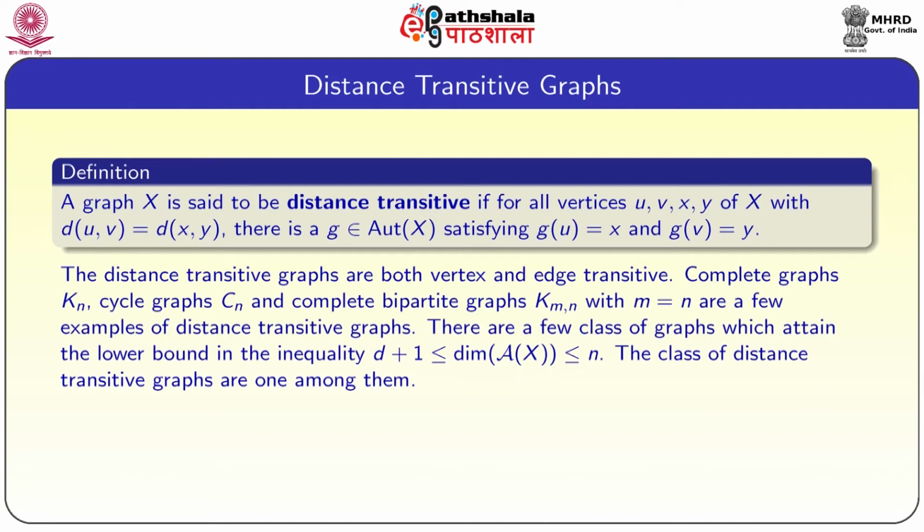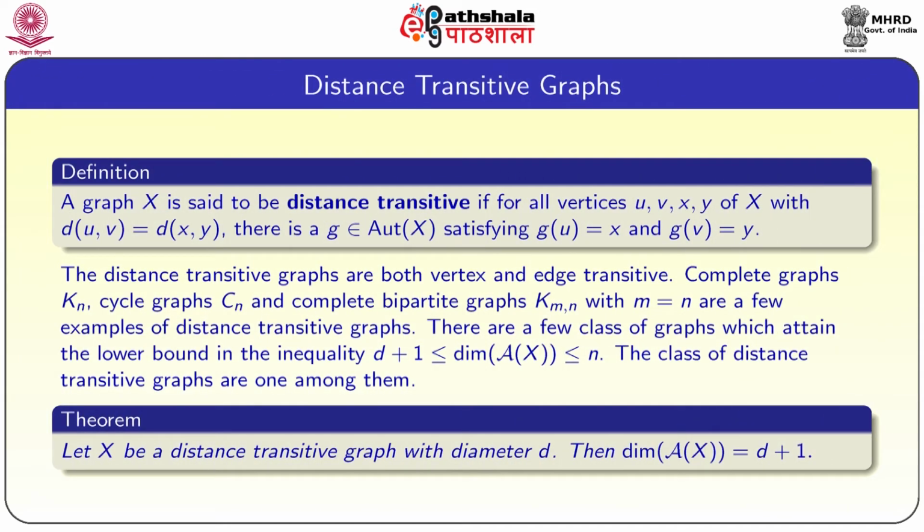The class of distance transitive graphs is one among them. That means, if X is a distance transitive graph with diameter d, then the dimension of the adjacency algebra A(X) is equal to exactly d plus 1. So, that is what the theorem states.